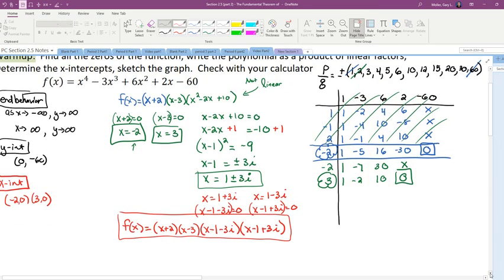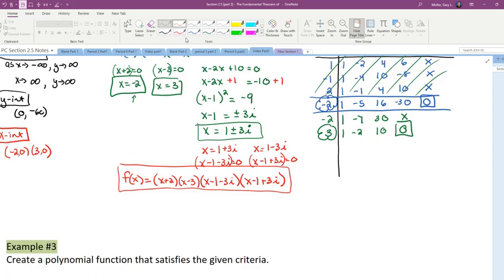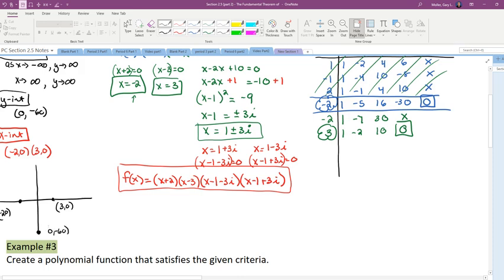All right, let's put all of this together in a quick little graph. We'll make sure we label all the key pieces. I have my zeros. I have a y-intercept way down, not to scale, at (0, -60). My end behavior goes up on both ends.